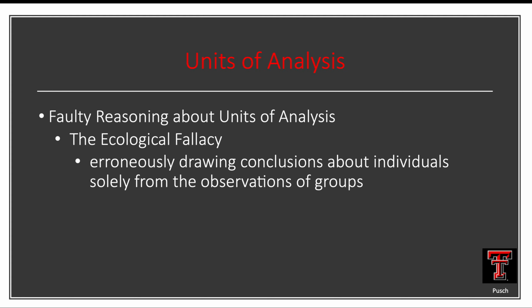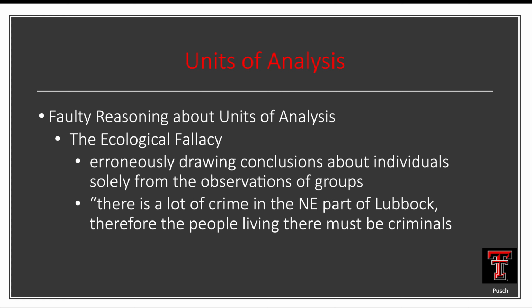Let's say if you say, okay, Lubbock has really bad drivers. The city of Lubbock is full of bad drivers. This does not mean that every single person in Lubbock is a bad driver. Lisa, who lives in Lubbock, doesn't mean she's a bad driver just because she lives in a city that has bad drivers in it. Another example, there's a lot of crime in the northeast part of Lubbock. Therefore, the people or the individuals living there must be criminals.